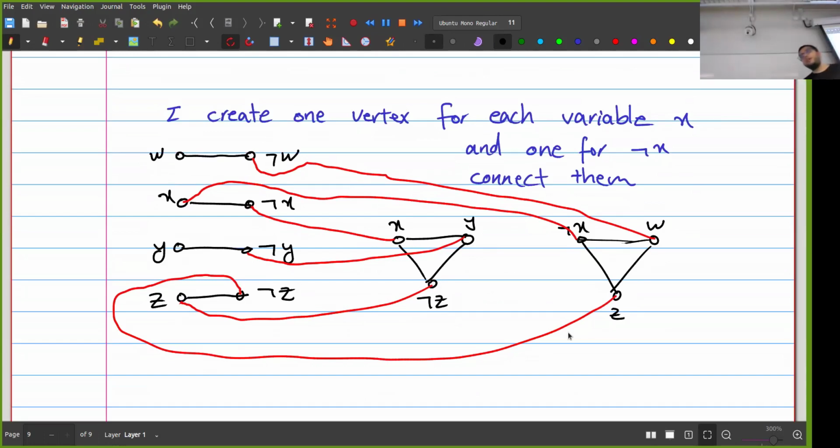Suppose that I have an independent set of size k. If I have an independent set of size k, from every triangle, it can take at most one vertex, because all the vertices in triangles are connected to each other. And from every pair here, it can also take at most one vertex because they're connected to each other.